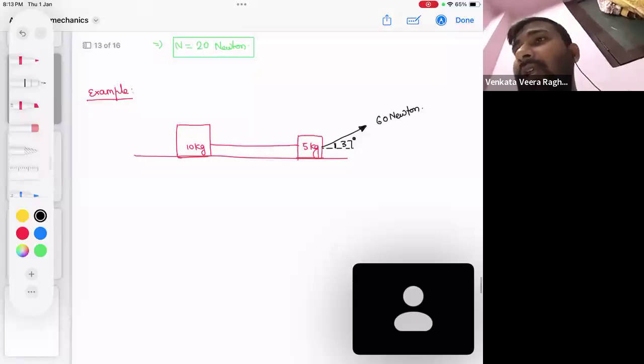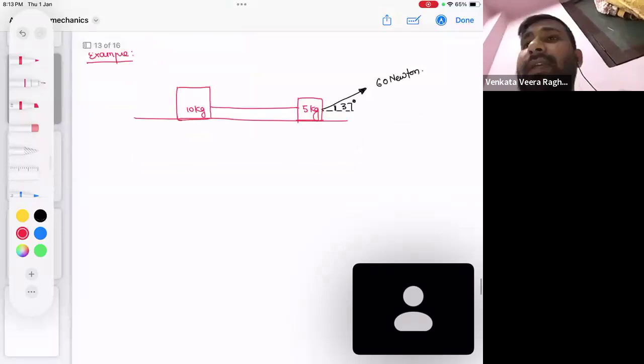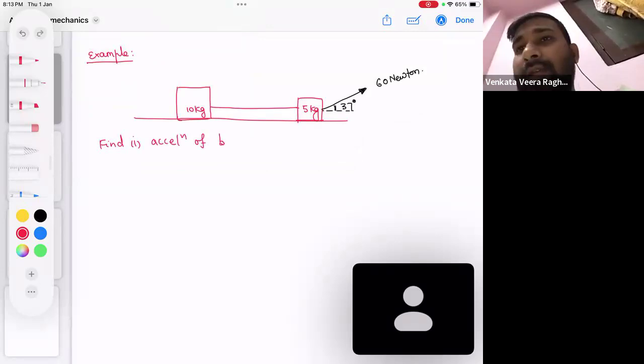Now again, my question is the same. What are the things we have to find out in the question? First, the acceleration of both blocks. How much is that?